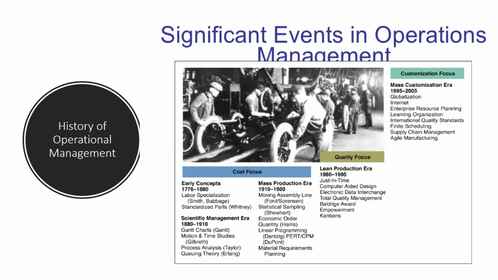Now they learn more about how to collaborate with other departments as well and other parts of the world. You can see some events happen like globalization and the internet appearing, where we need different strategies like agile manufacturing, supply chain management, and learning organization. These concepts have emerged at a much later stage.